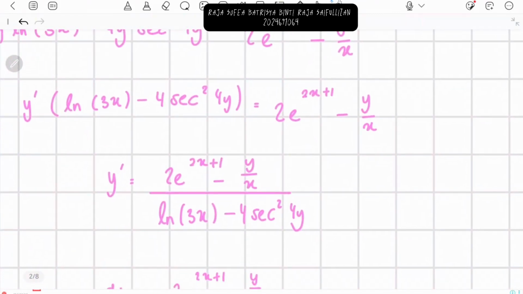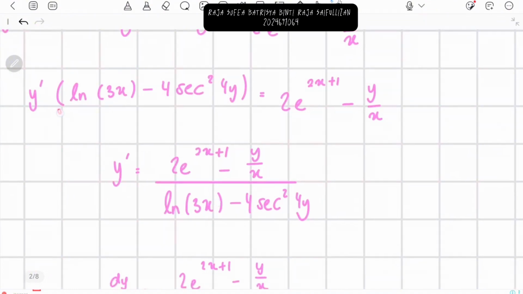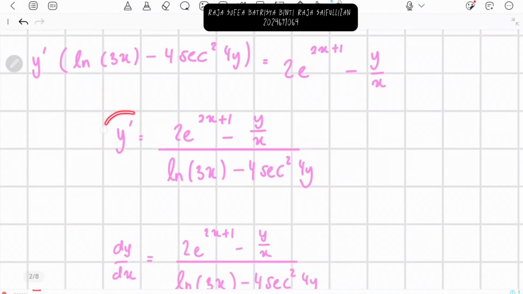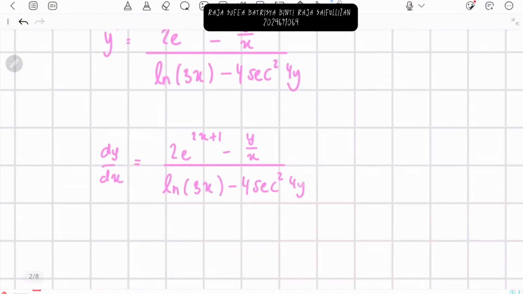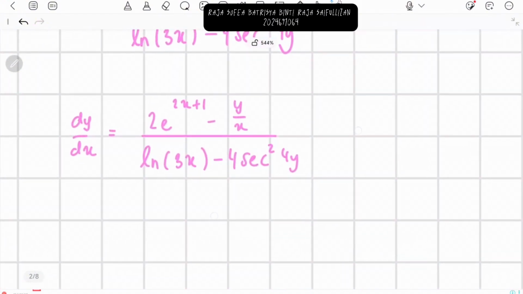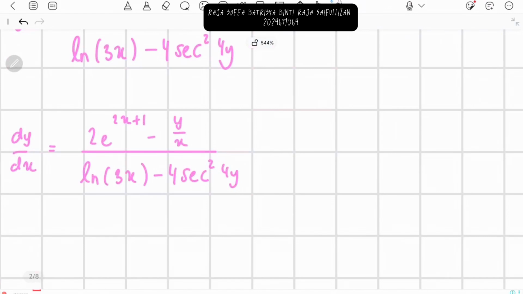When we are done with the factorization, just move the bracket to the right side because we only want the y prime value. So we got this. So we got the dy/dx value using implicit differentiation. So this is the answer.